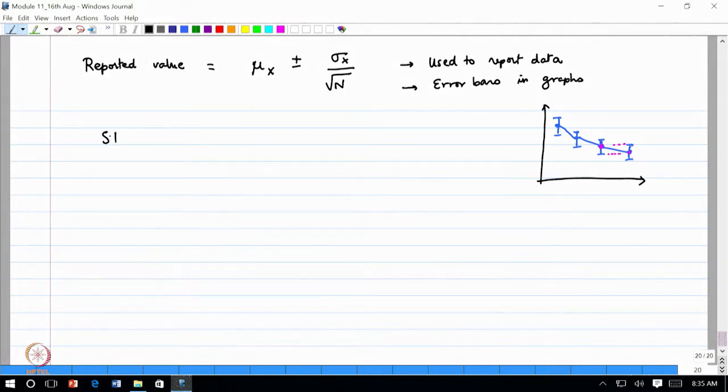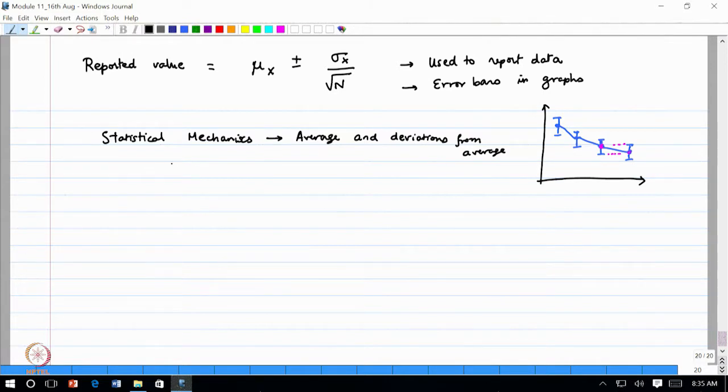So in statistical mechanics, we calculate average and deviations from average. But what we will find is that for an intensive variable, this deviation.